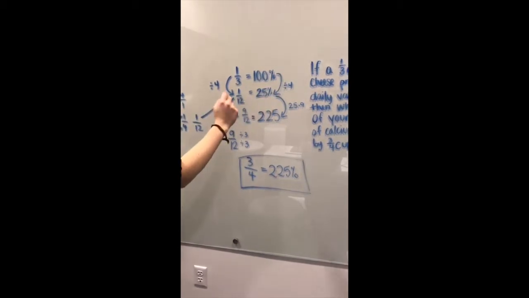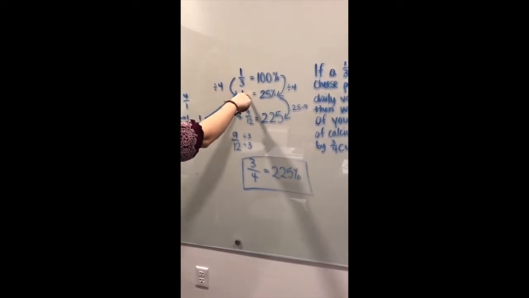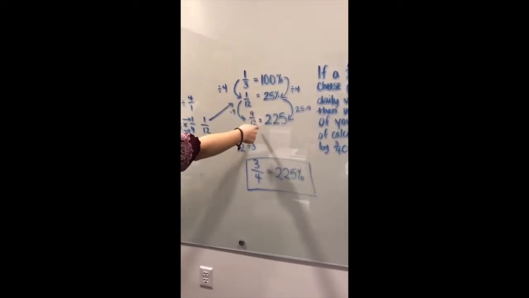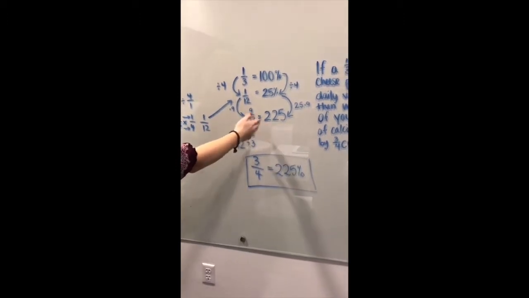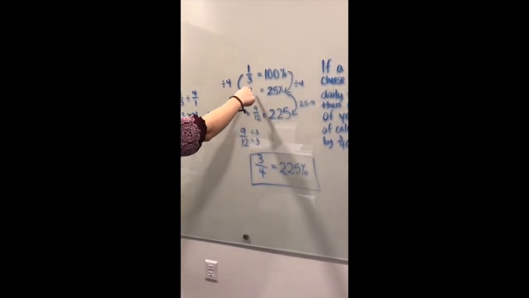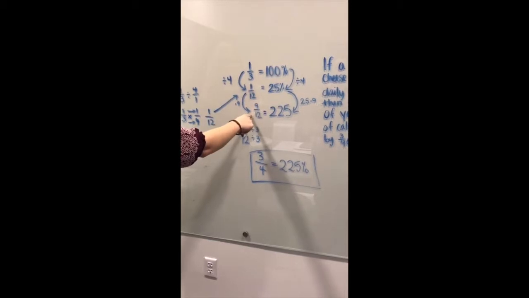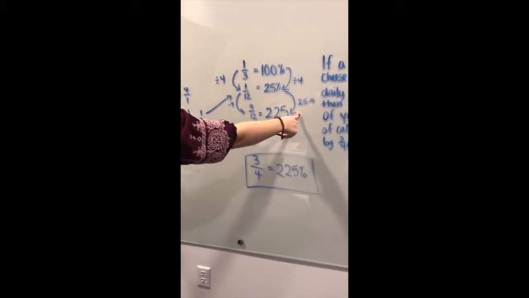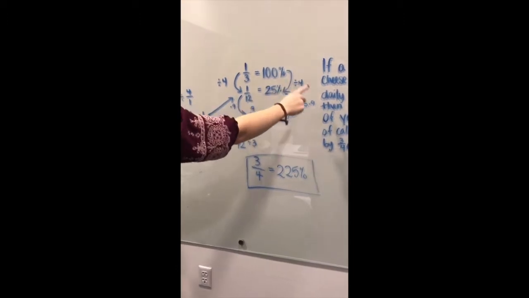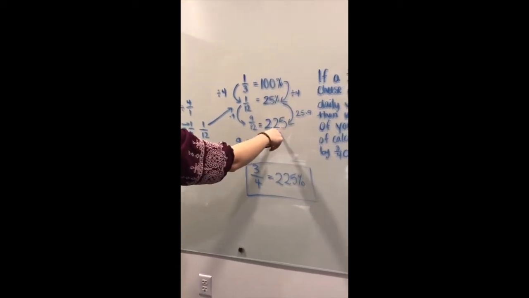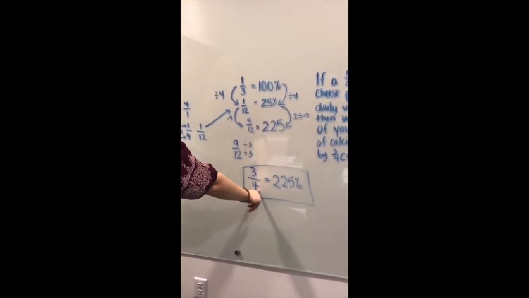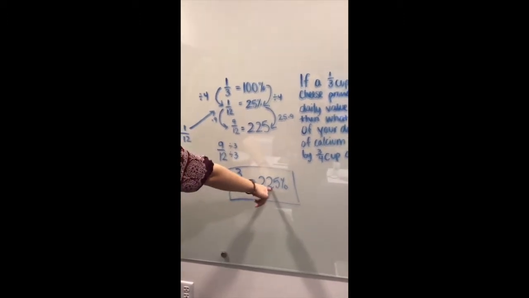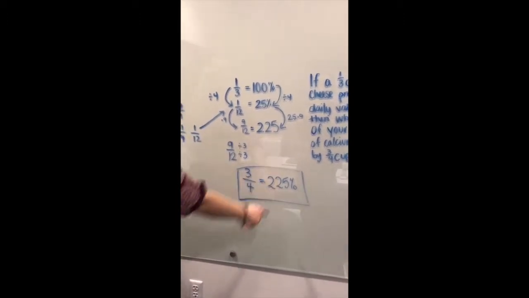From there, we can take 1/12 and we have to make sure that it's 3/4 because that's what we're trying to figure out. To do that, we multiply by 9 to get to 9/12, which is the same as 3/4. And what we do to one side, we do to the other once again. 25 times 9 is 225, giving us our 3/4 cup of cheese equaling 225%.